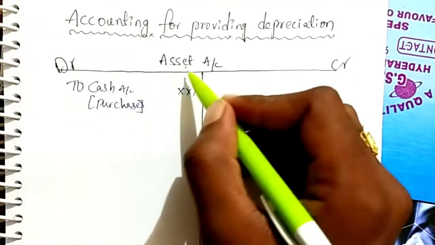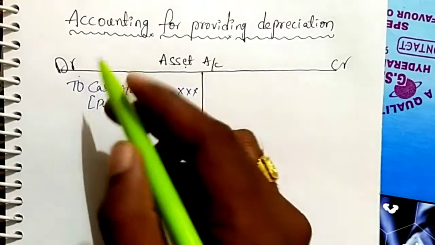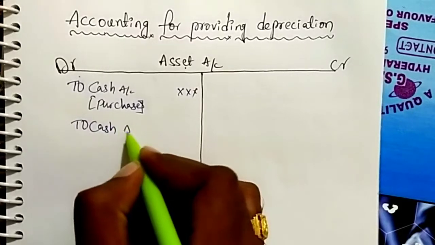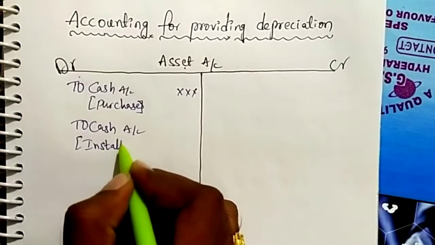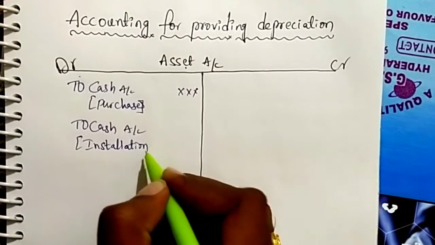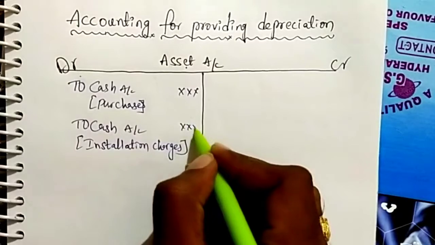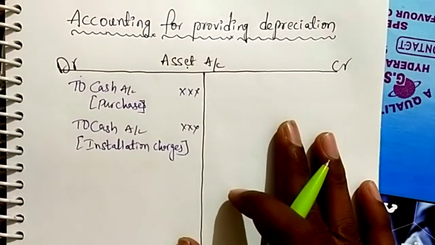So at the time of increasing the asset value, that asset account is debited. So we have to write in the debit side to cash account, in the bracket installation charges. That's it.